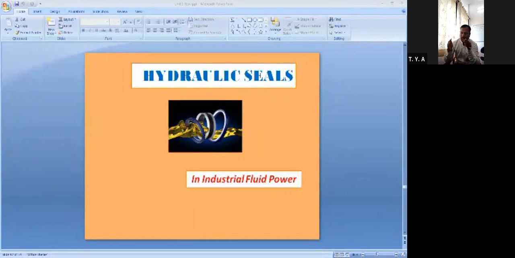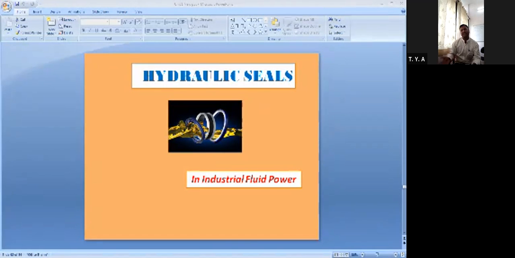And obviously, the internal leakages do not lead to fluid loss. The leaked fluid which goes out of your actuator comes back inside the reservoir only.